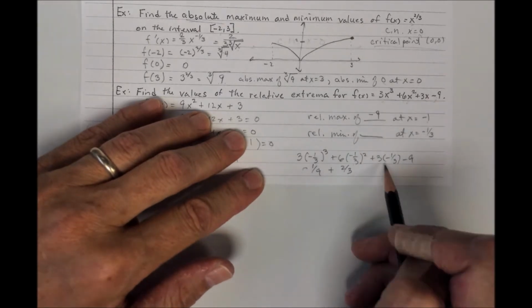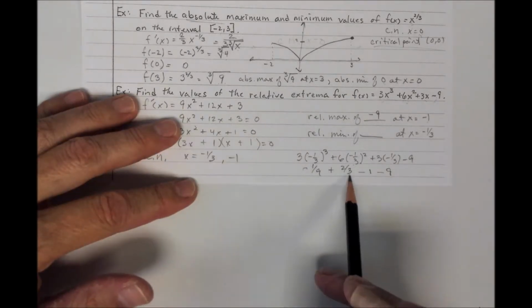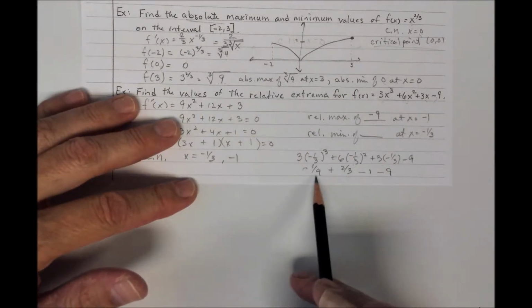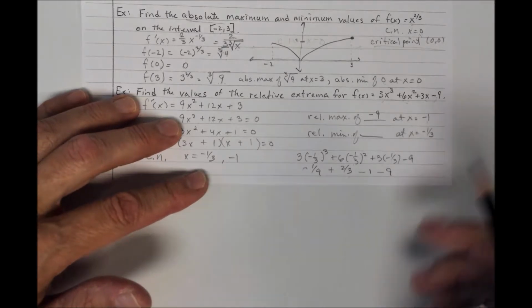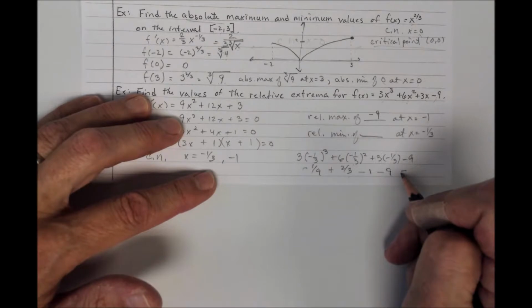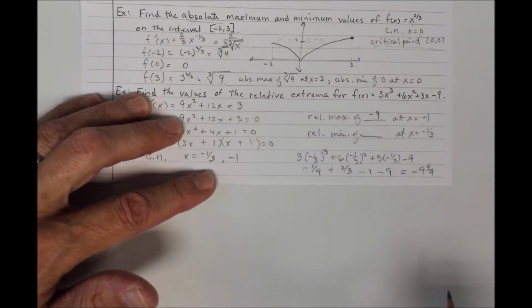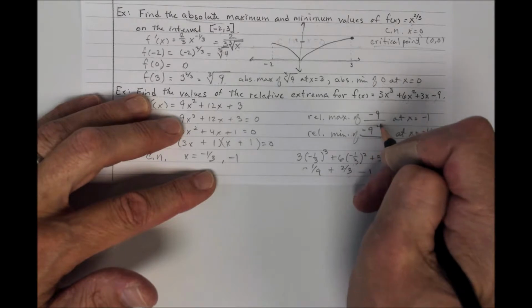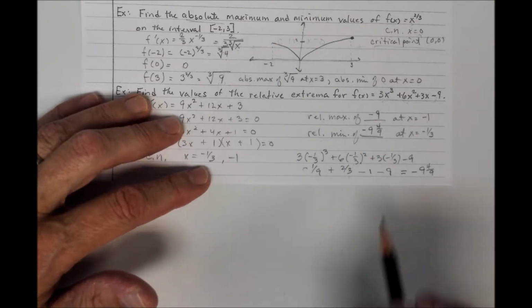And this is going to be minus 1 minus 9. So the common denominator would be 9. That would be 6, that would be 5/9 and a minus 10. So that would be negative 9 and 4/9 if I didn't mess up too bad here. You can check my work and tell me later on if I made a mistake. But that would be my relative minimum value.